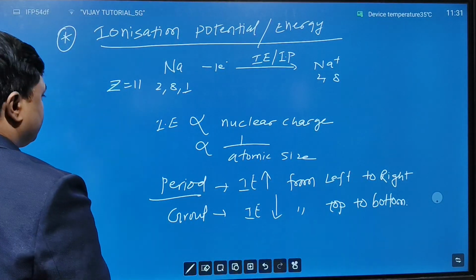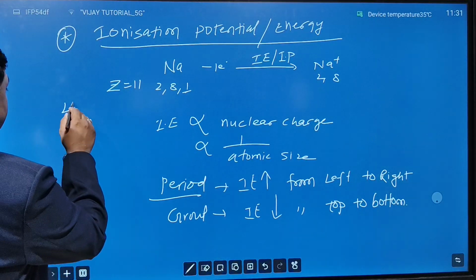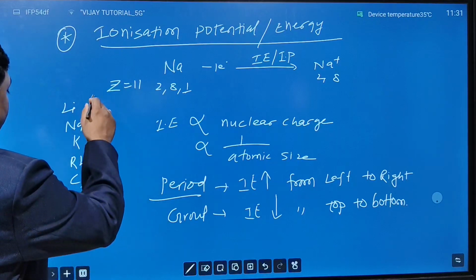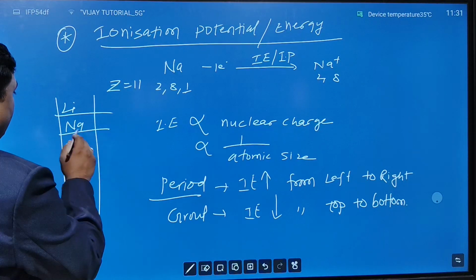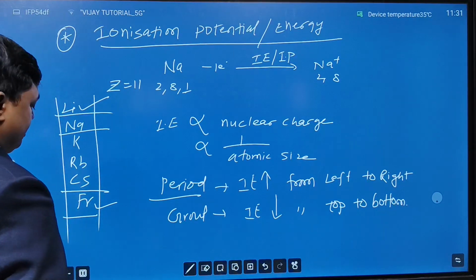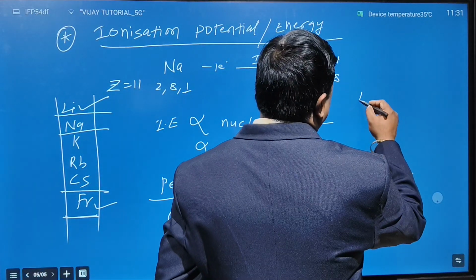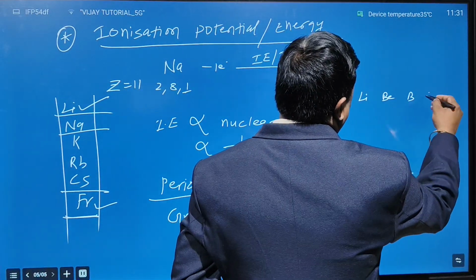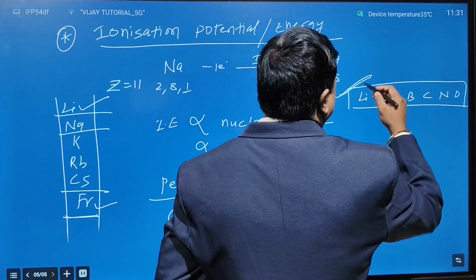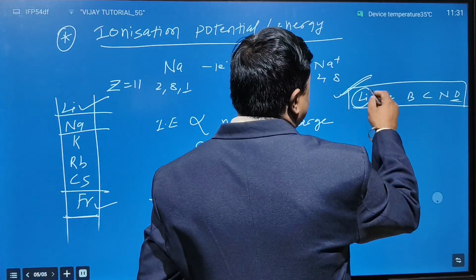If you see a group of elements like lithium, sodium, potassium, rubidium, cesium and francium, which one will have the highest ionization energy? Lithium, obviously. Lowest ionization energy? Francium, because its atomic size is maximum. In a period like lithium, beryllium, boron, carbon, nitrogen, oxygen, which one has the highest ionization energy? Oxygen, and after oxygen fluorine will also come, and the minimum is for lithium.